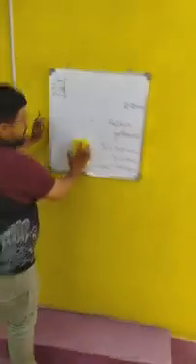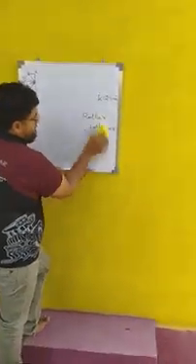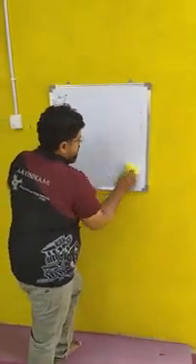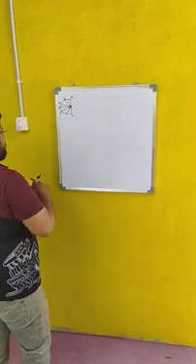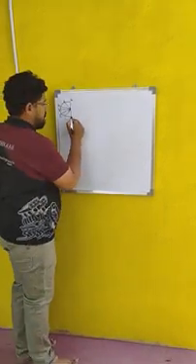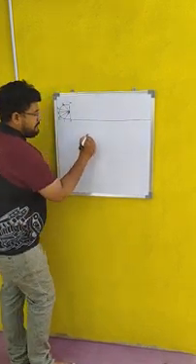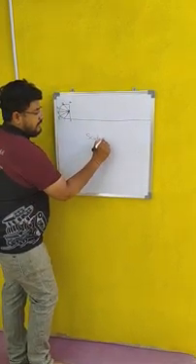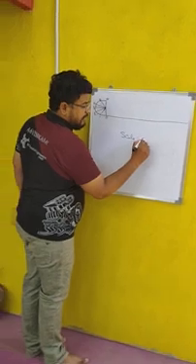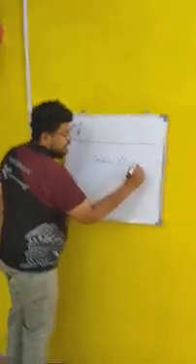After that, from here draw a straight line considering some scale. As we know, generally we take the scale as 5 degrees equals 1 mm.